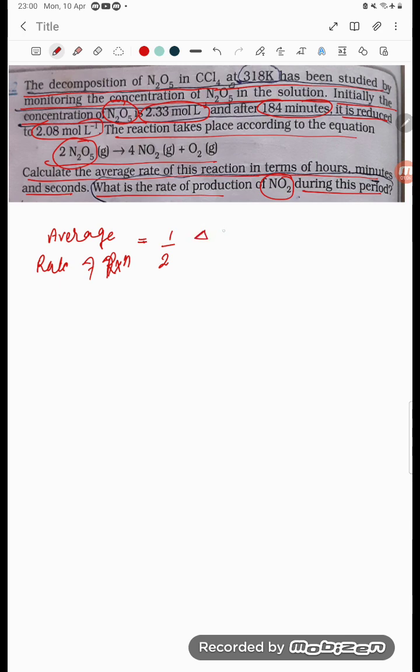Delta N2O5, the concentration, divided by delta T. Now 1 by 2, it is going to be R2 minus R1. Since it is the reactant, here we will use the negative sign, that you keep in mind. The R2 by R1. Here what will be there? T2 minus T1.